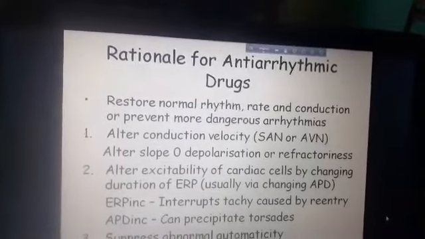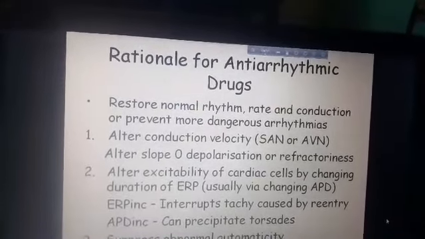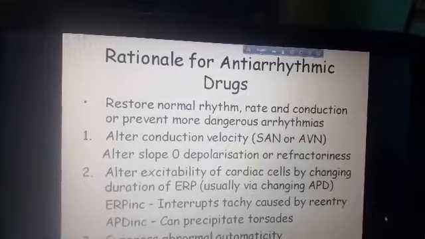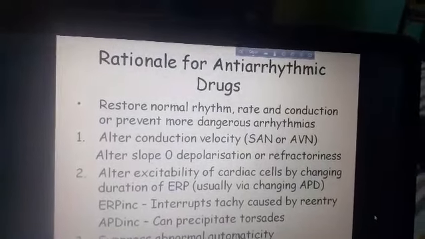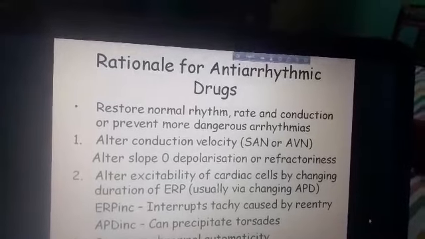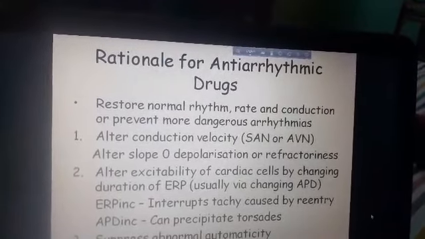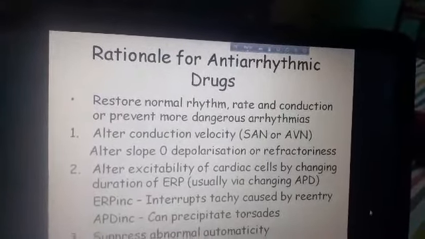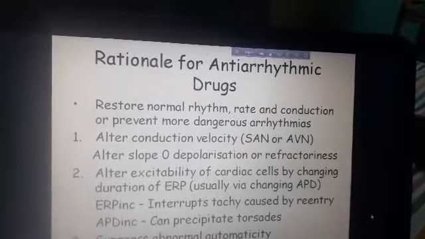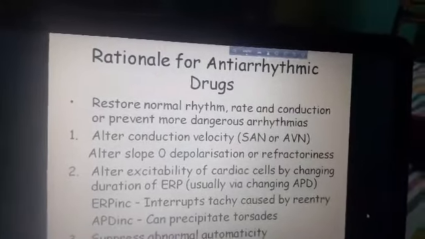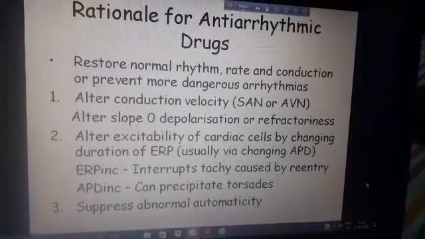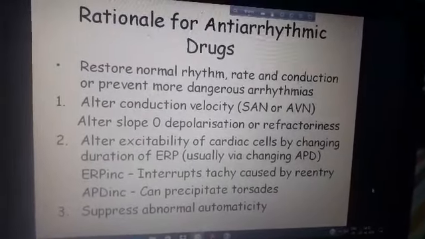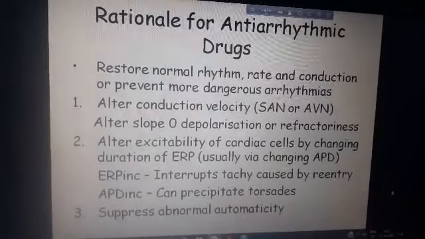So if depolarization is too much longer in phase 1, and a depolarization is present which can excite the tissue, then it is called early after depolarization, but that is not very common. But late after depolarization, that means if phase 3 is too much prolonged, and a next action potential is generated, that is called late after depolarization, and that can generate torsades de pointes.